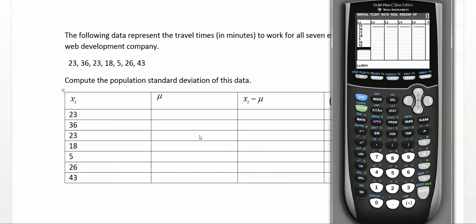Then I'm going to use the calculator to find the mean. Actually, I'm going to cheat and just go up top because I already did this earlier, and I get a mean of 24.86-ish.